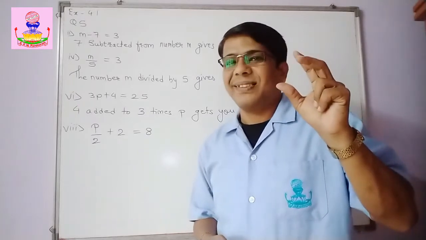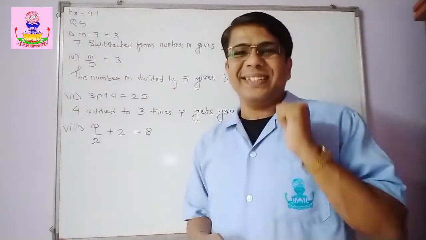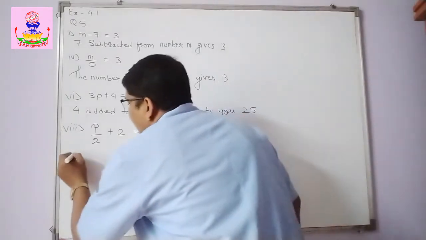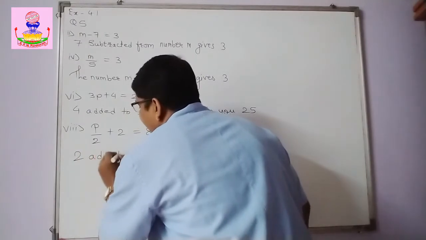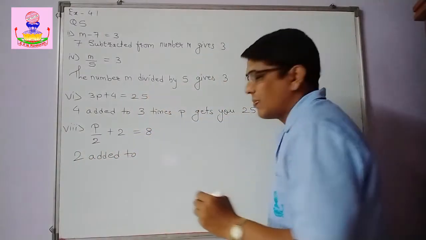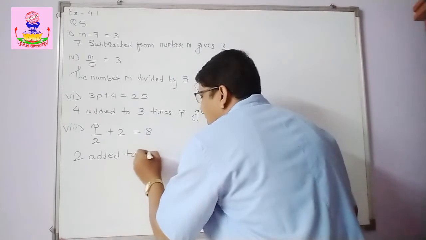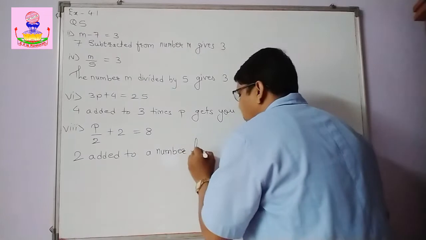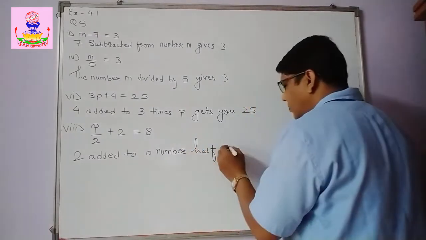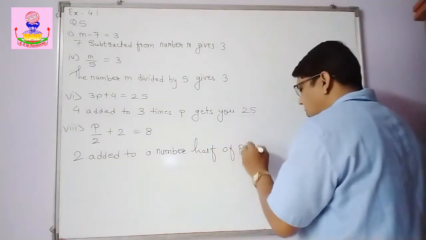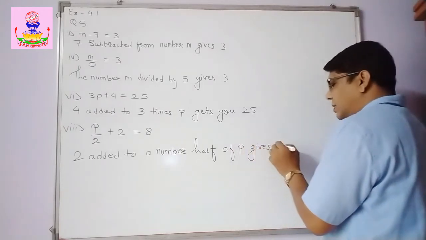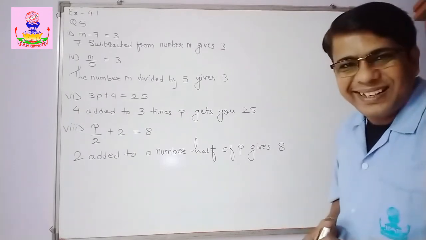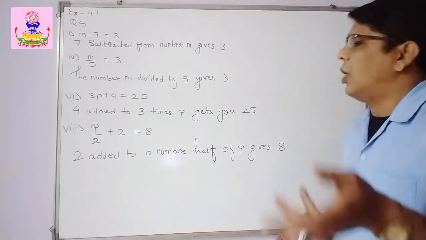For example, suppose P is 10. 10 upon 2 is 5. Right? So it is exactly half. So here we can write it like this: 2 added to a number half of P gives 8.